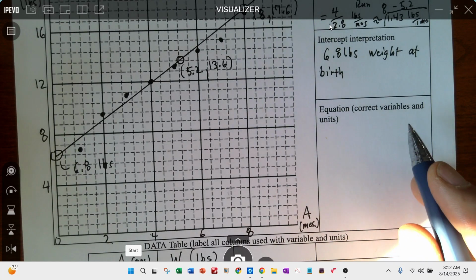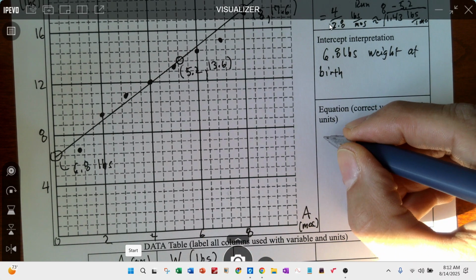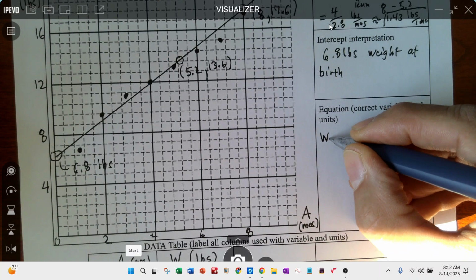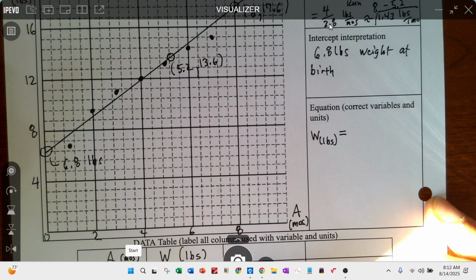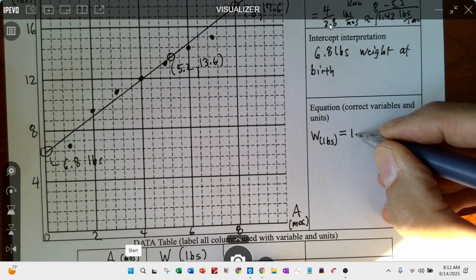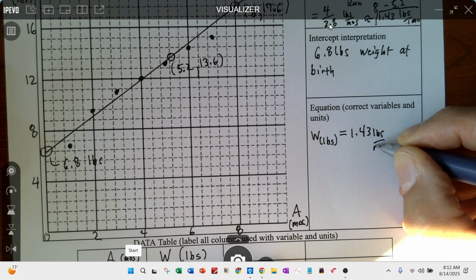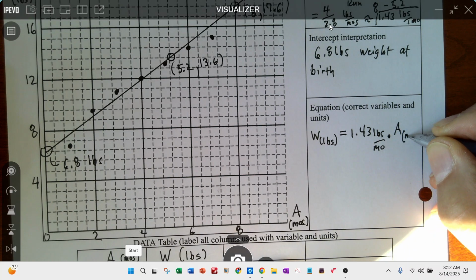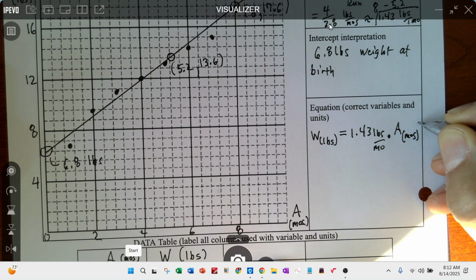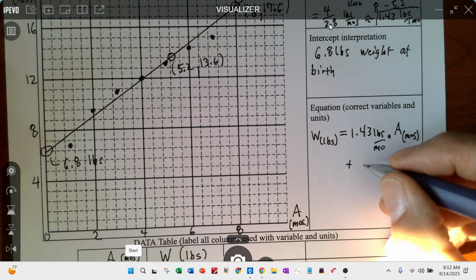And then over here, for the equation with correct variables and units, I'm going to write an equation that models this graph. I'm going to say weight in pounds is equal to slope, 1.43 pounds per month, times age in months, I'm out of space here, plus 6.8 pounds.